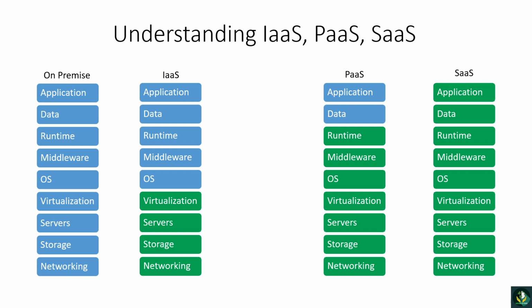Everything from the networking through the storage, obviously the servers themselves, any virtualization you are using, and then the operating system, the middleware, things like the web server, the database server, runtime, data, application and all the software which then runs on the underlying infrastructure. All of it is your responsibility, you as the organization running this on-premise data center, and you are responsible for the whole lot.